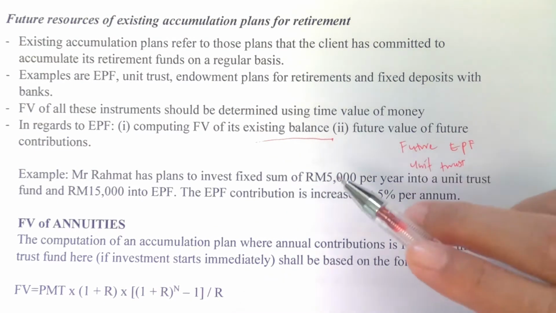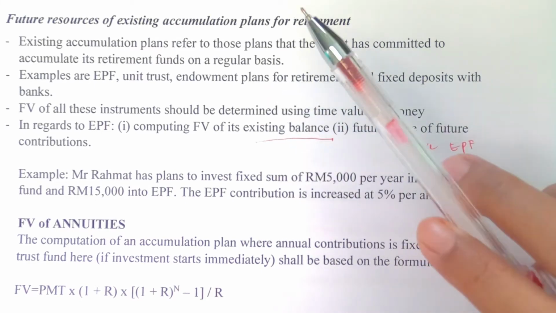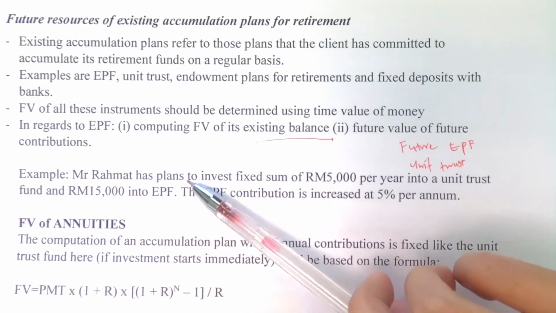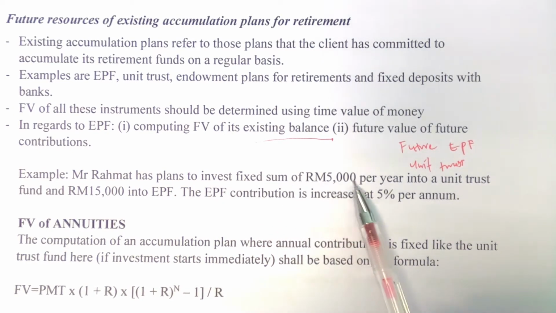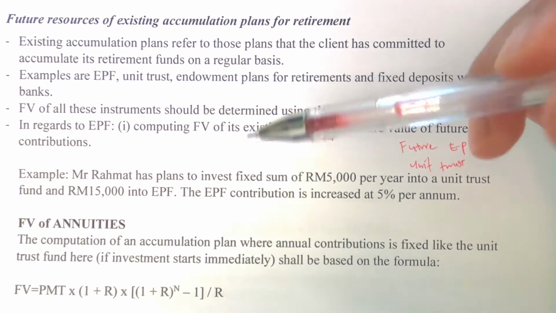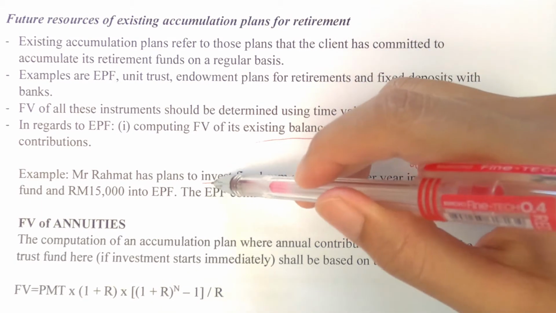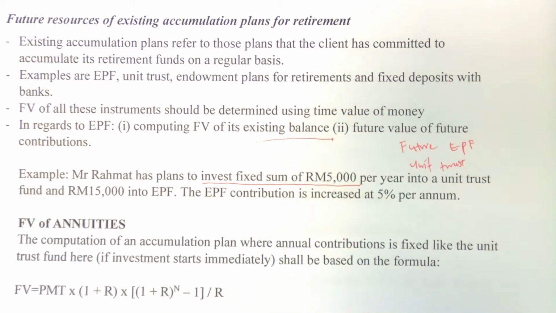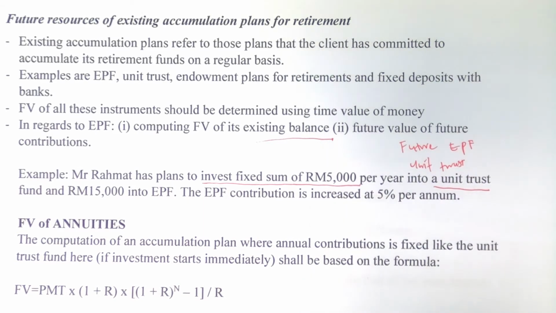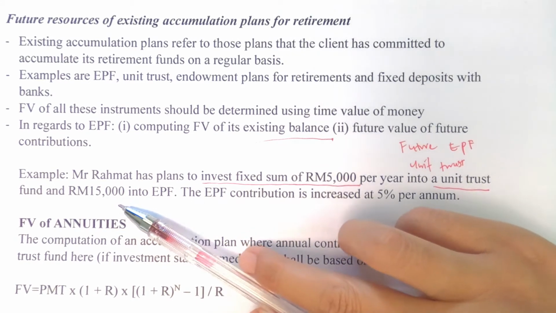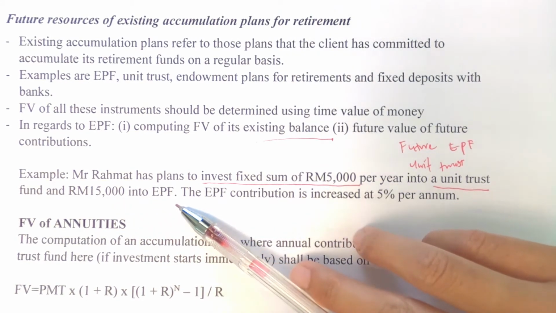I give you an example here. Mr. Rahmat plans to invest a fixed sum of 5,000 per year. So your client has planned to invest a fixed sum of 5,000 per year. Every year 5,000 will be paid into a unit trust fund, and 15,000 into EPF.